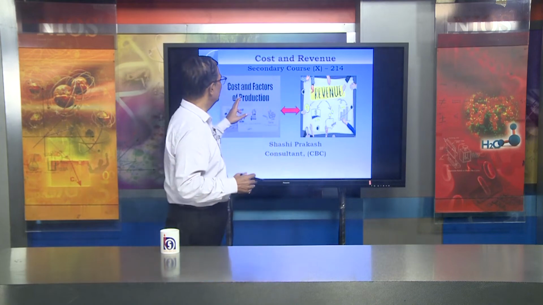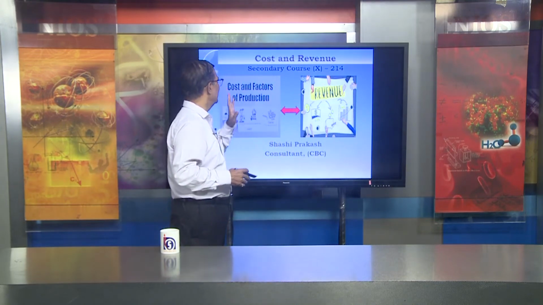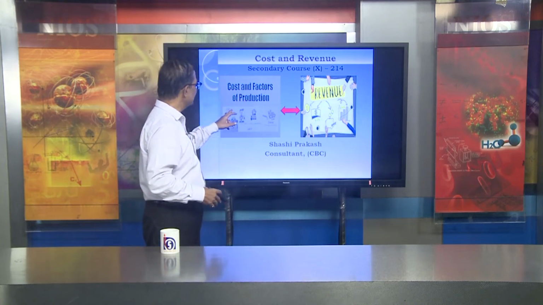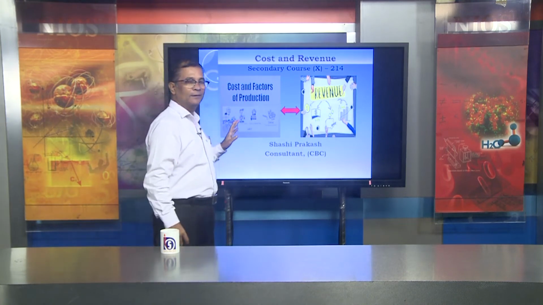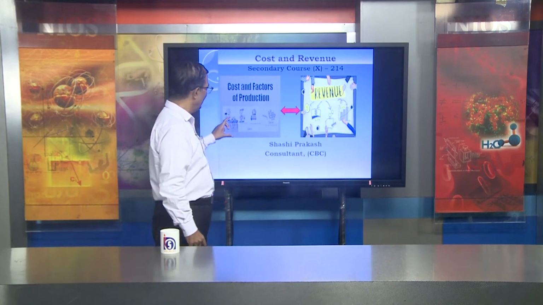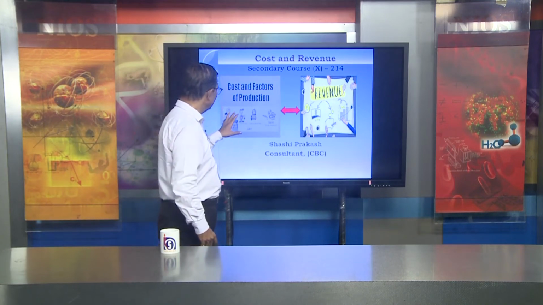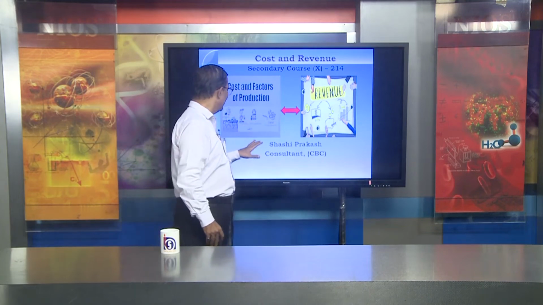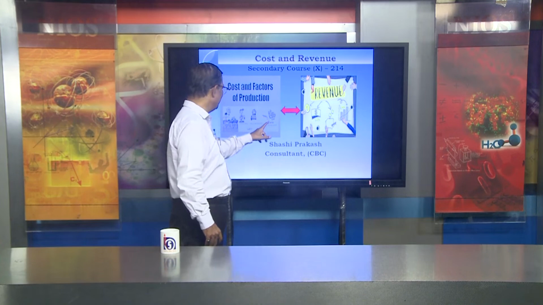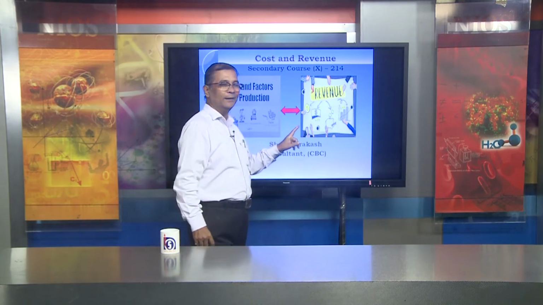Once the goods and services are produced, these are sold in the market and in turn income is generated. So this is the basic concept of the title which we are going to discuss right now, cost and revenue. You see, cost and factors of production. See this picture. In this picture, all these factors of production are mentioned: land, labor, capital, and the next one is the 4th, entrepreneur.